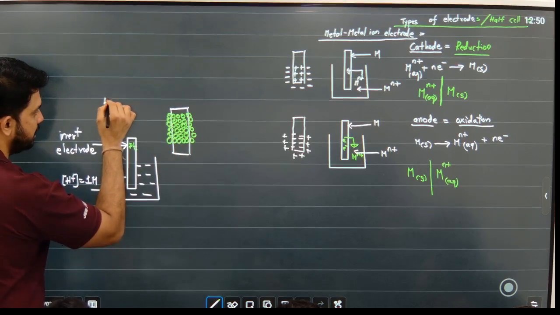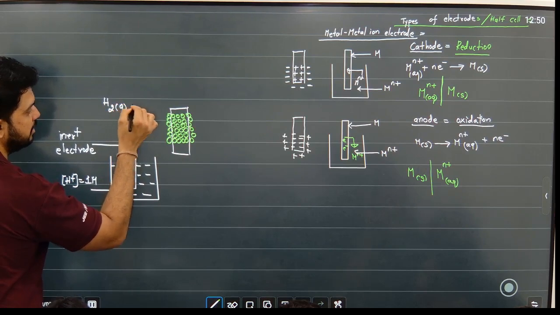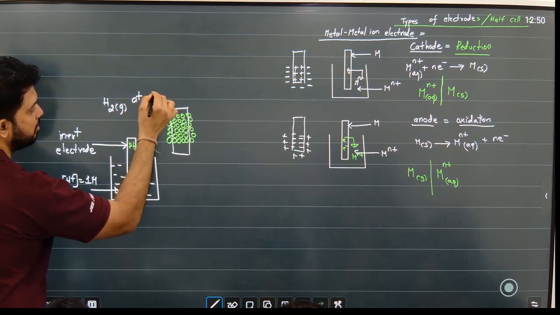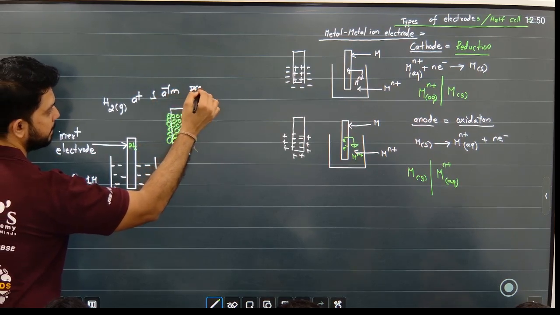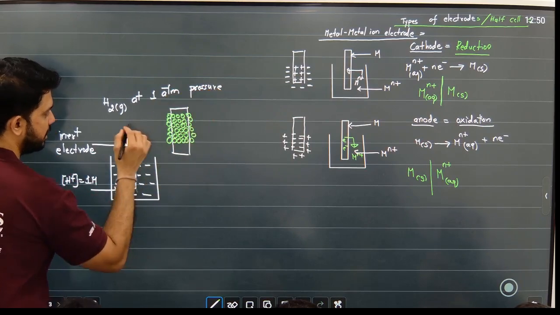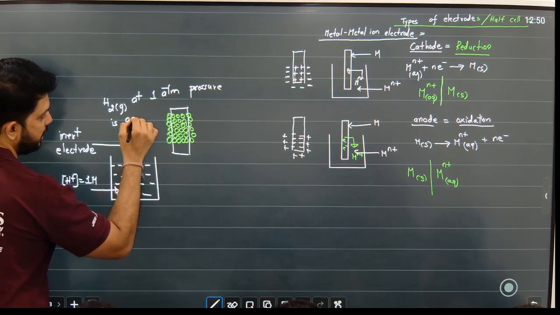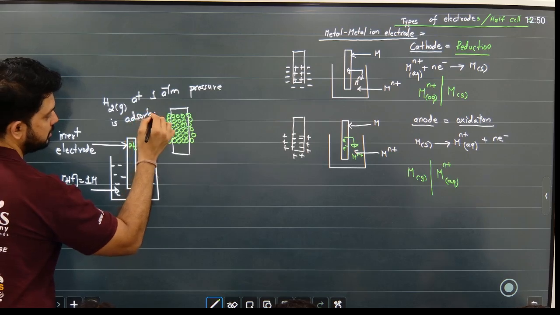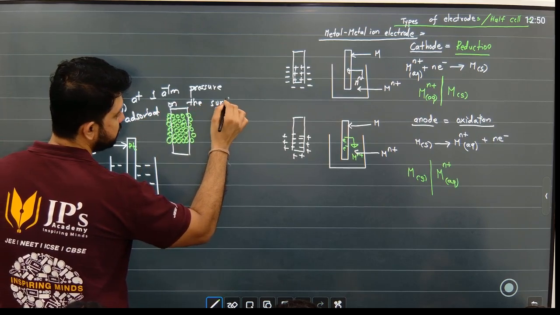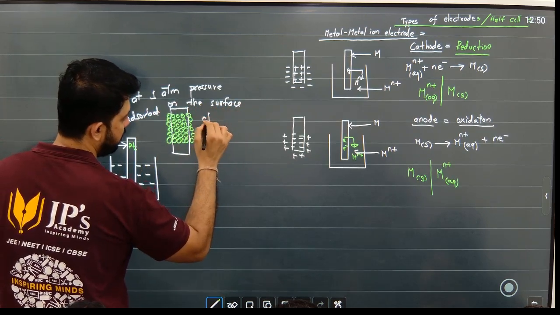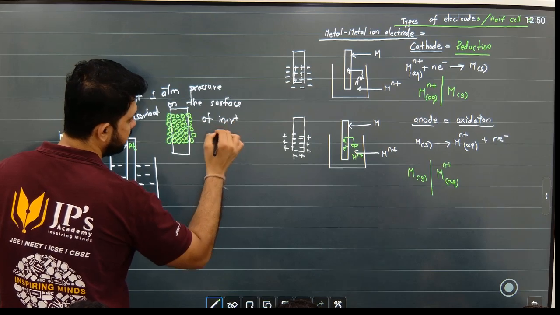So I repeat, hydrogen gas at 1 atmospheric pressure is adsorbed on the surface of the rod, or on the surface of the inert electrode.